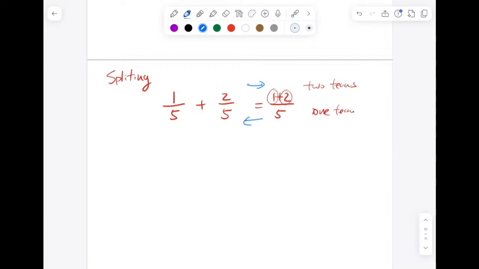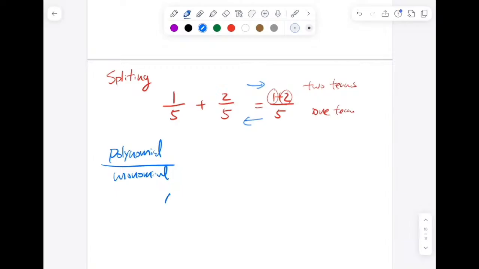Now, with that being said, what will a question look like? This is where I call it polynomial over monomial. Polynomial is more than 1 term. Monomial is 1 term. So if you have more than 1 term over 1 term, you can split.